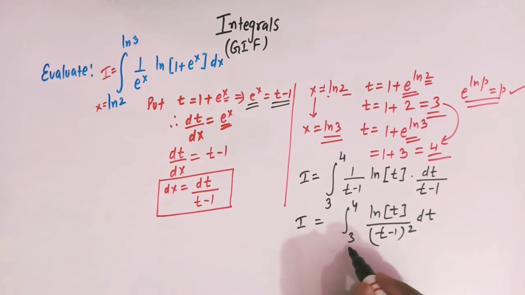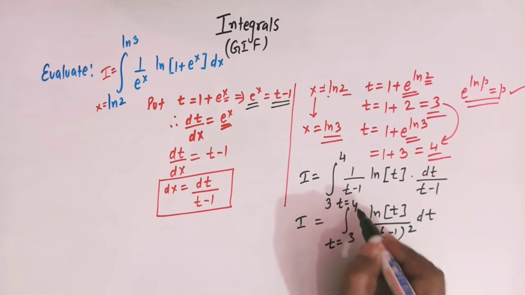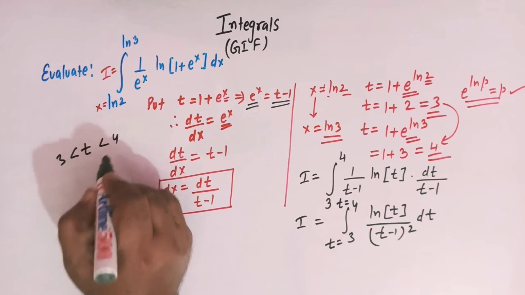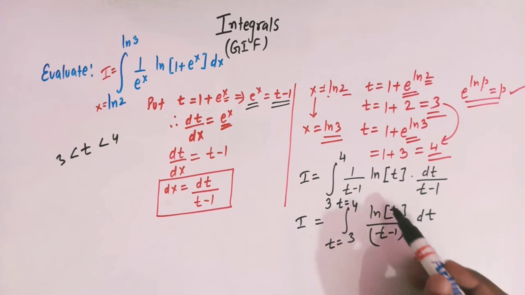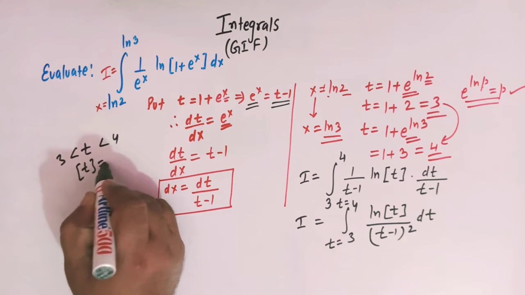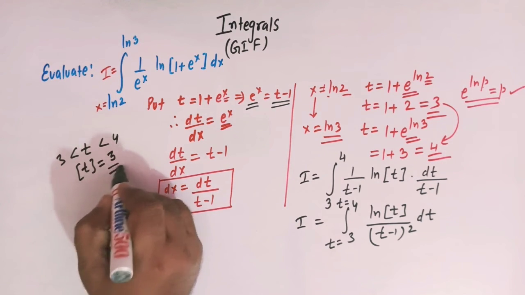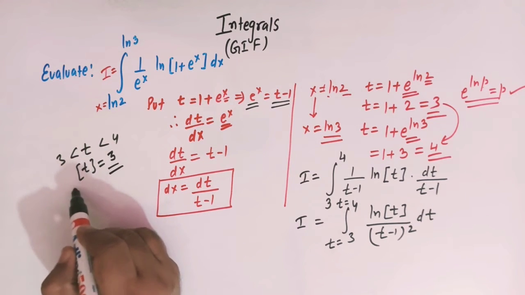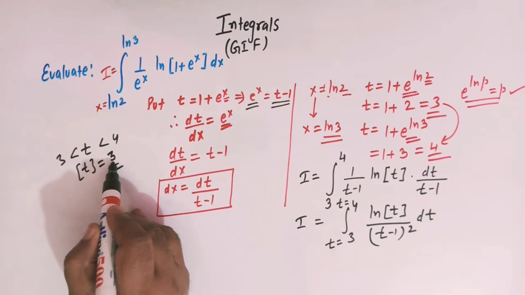Now t varies from 3 to 4. So when t lies between 3 and 4, obviously the value of the greatest integer of t is equal to 3.